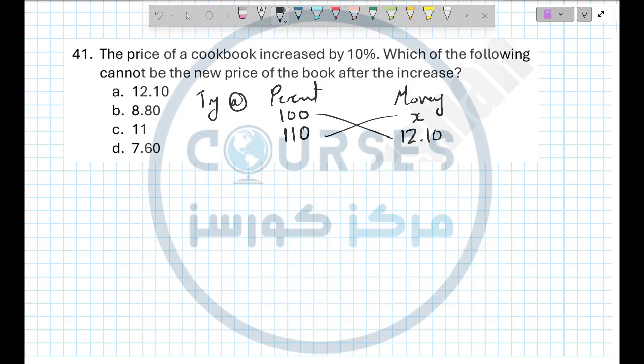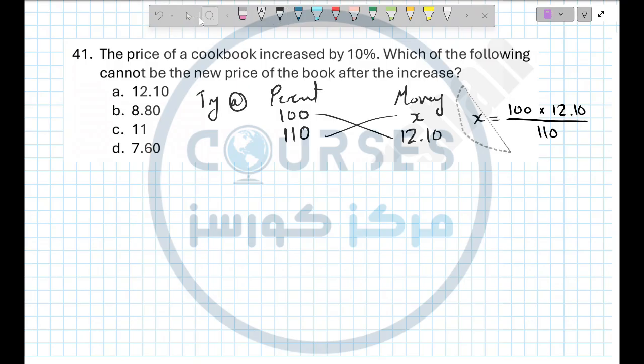Let's cross multiply and try to see if the original money will be found or not. So x will be equal to 100 times 12.10 over 110.